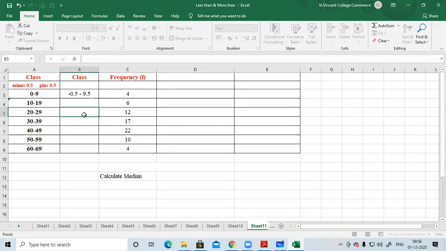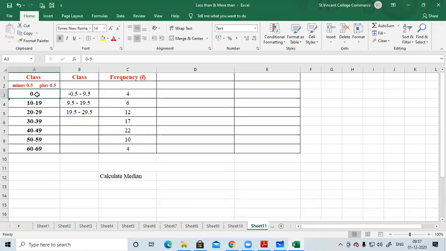So the answer will be minus 0.5 to 9.5. Is that clear? The next one will be 9.5 to 19.5. The next will be 19.5 to 29.5. Now, as I told you, there is a trick behind this.